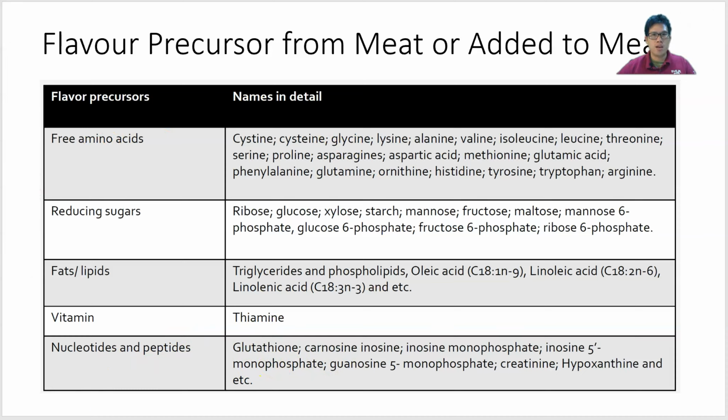All these are the precursors that are in the meat that can further react, through the Maillard reactions, caramelizations, lipid degradations, then through Strecker degradation to create more flavors during cooking.